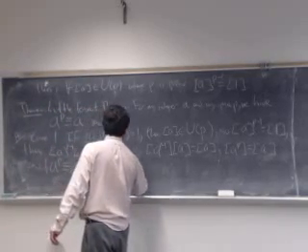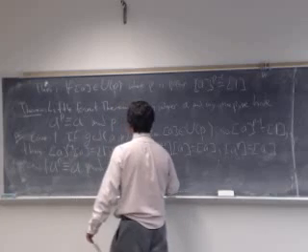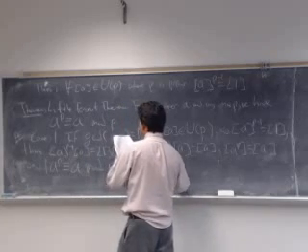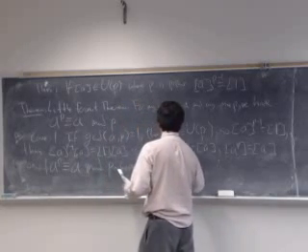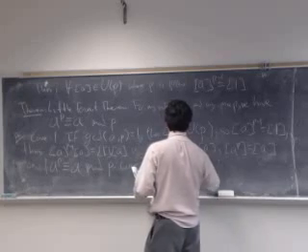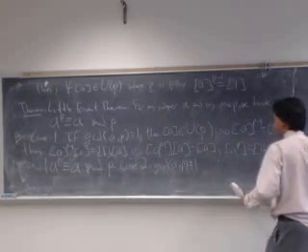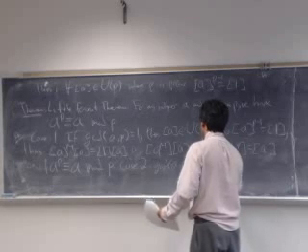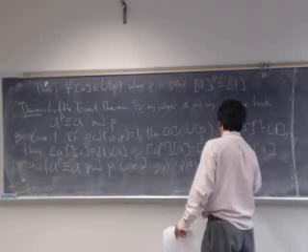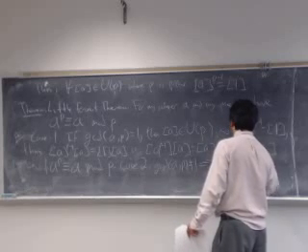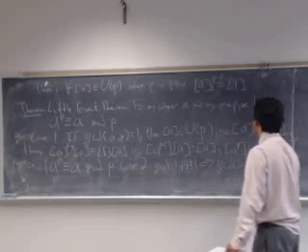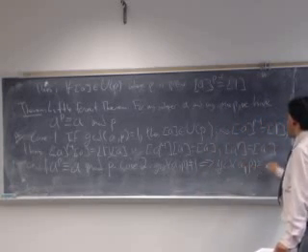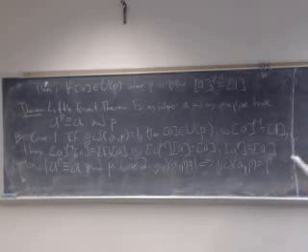Case 2. GCD of A and P is not equal to 1. Well, since P is a prime, the only GCD with P and something else would have to be P itself.